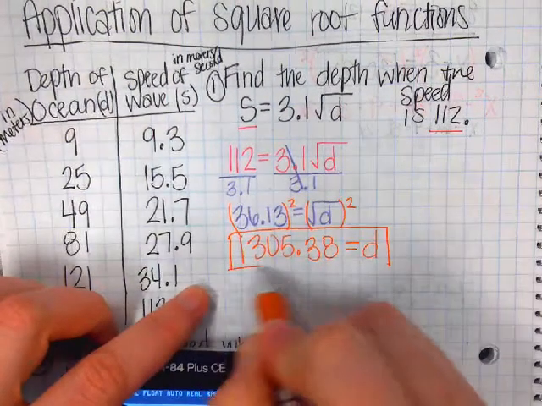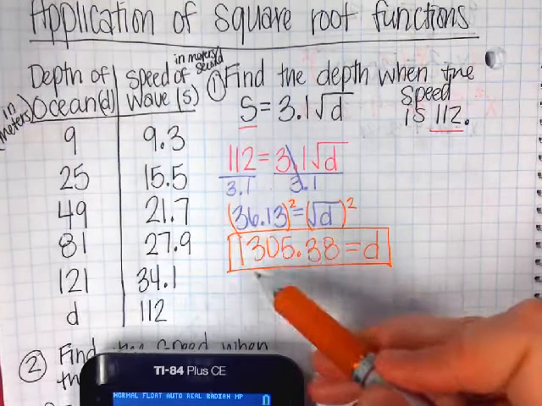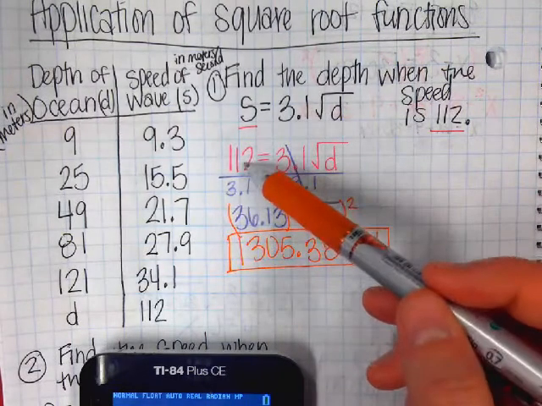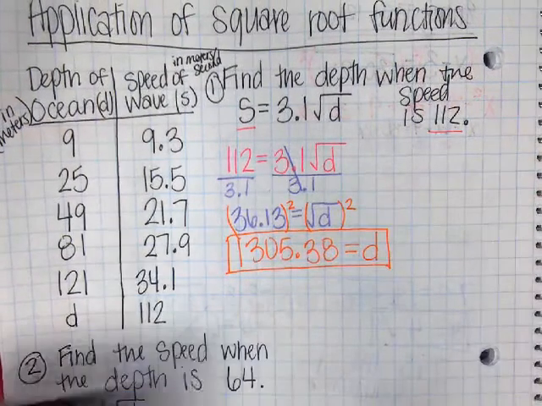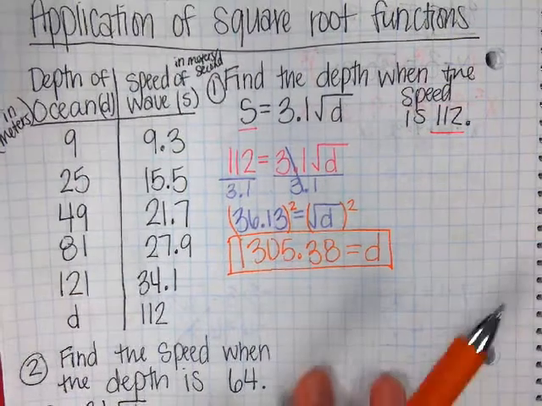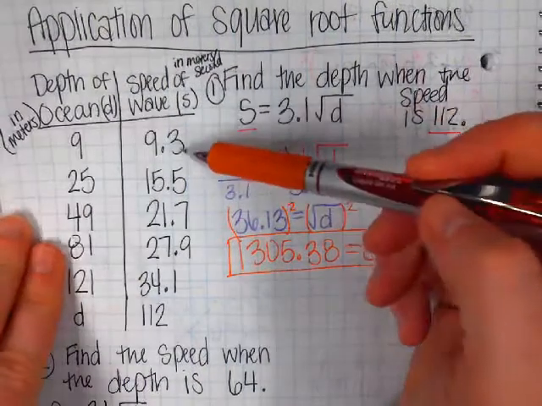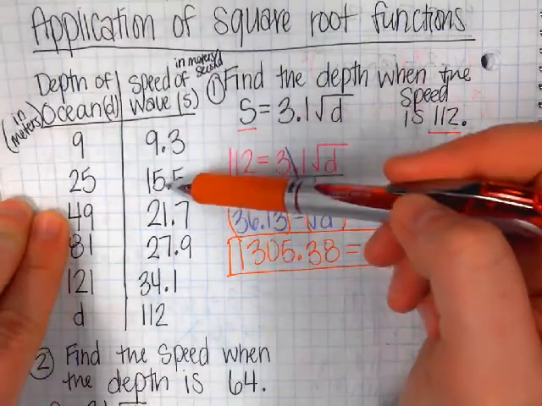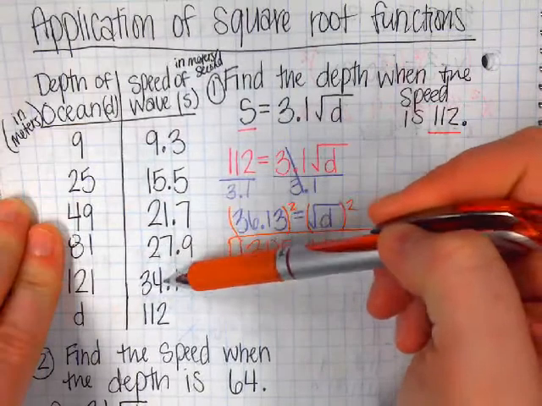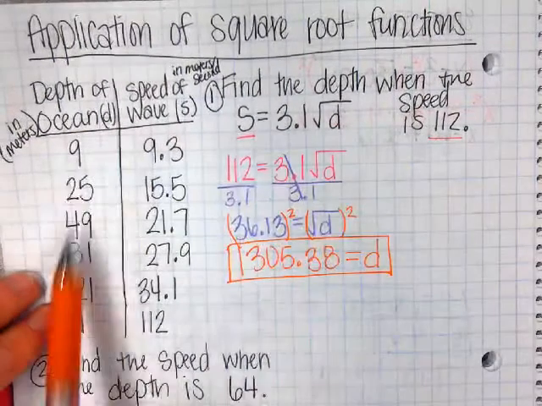So the depth of the ocean that created this speed would be 1,305.38.